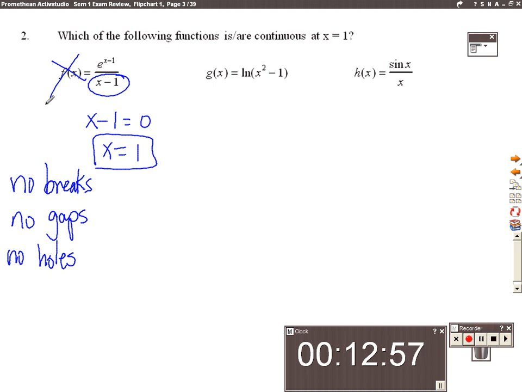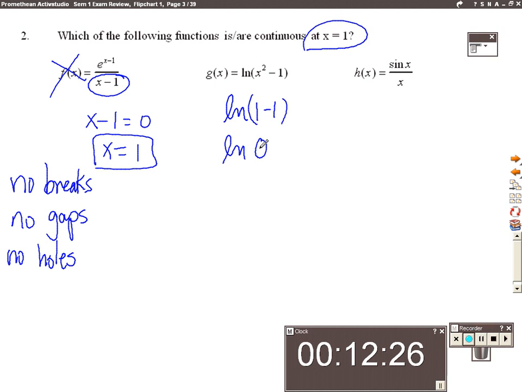The second one is the graph of ln of x squared minus 1, and we're worried about continuity at x equal to 1. Now, it doesn't say is the function discontinuous anywhere, but it says particularly at x equal to 1. So it makes sense to substitute 1, and when we substitute 1, we get ln of 1 squared, which is 1, and then 1 minus 1, which is 0, and we have the ln of 0.